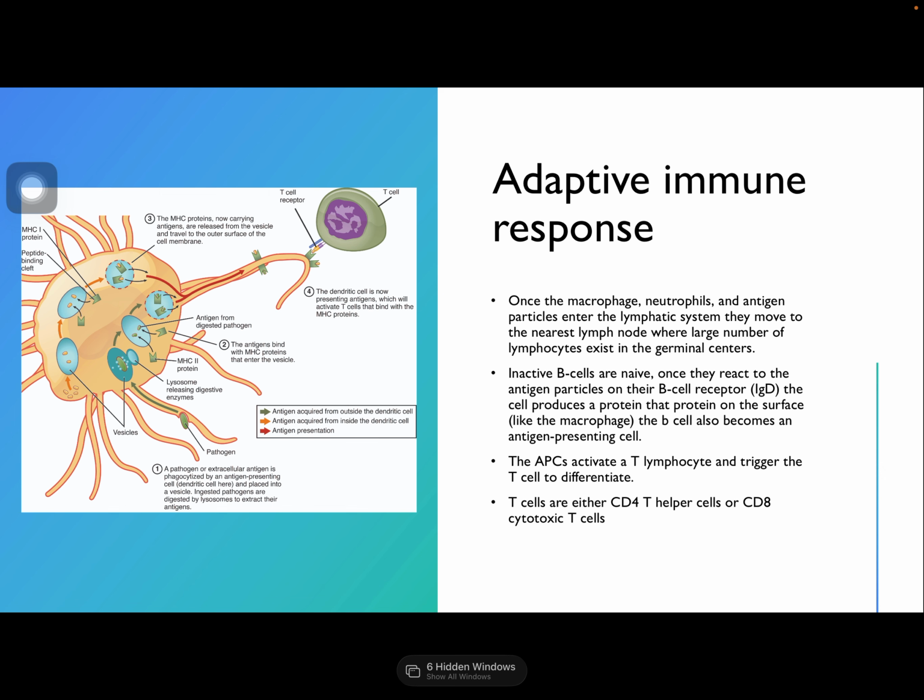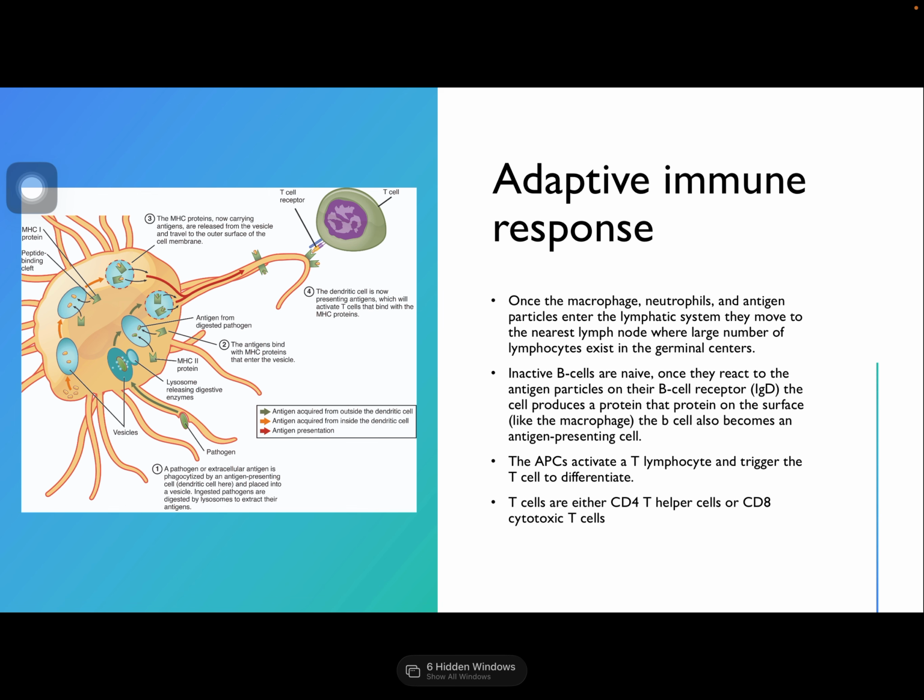As that cell moves into the lymph node with that MHC molecule, we have the particles of that antigen that have entered into that lymph node. Those inactive B cells, we call them naive.